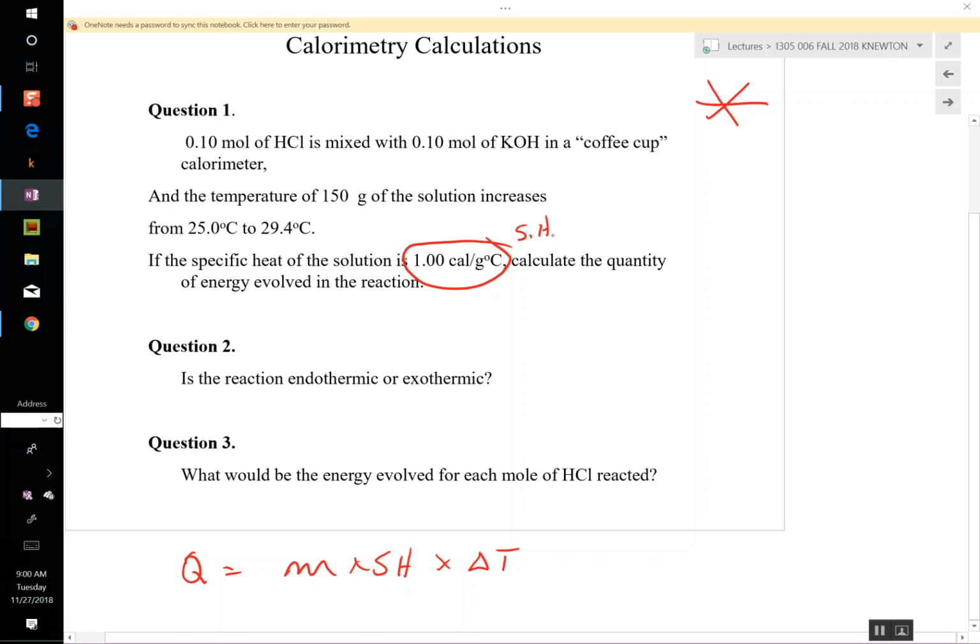There's your SH, specific heat of that solution. You're going to get your delta T here, the final minus the initial, and your M is, you see, 1/10 of a mole of potassium hydroxide, 1/10 of a mole of HCl, but all of those solutions weigh 150 grams.